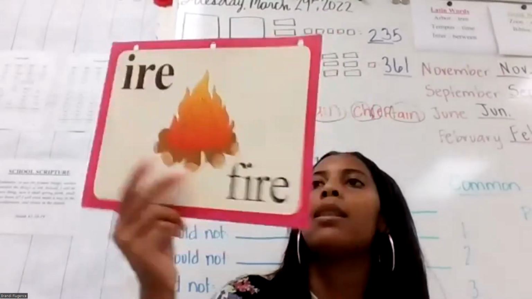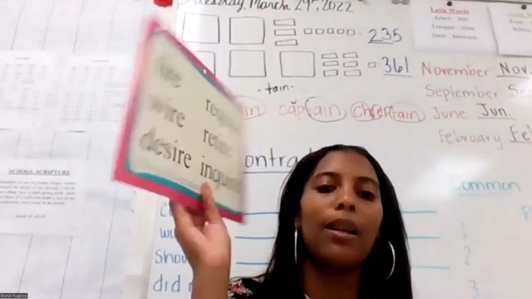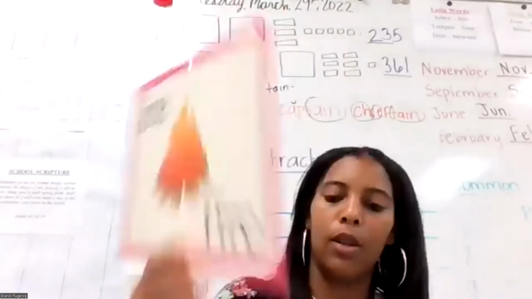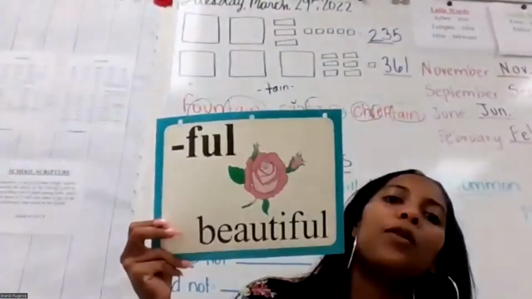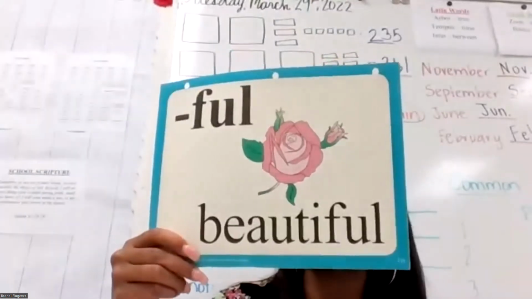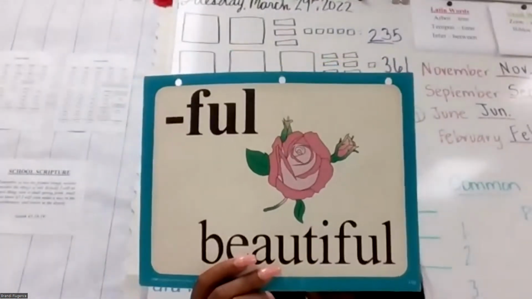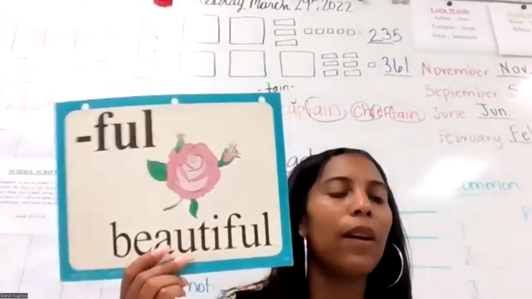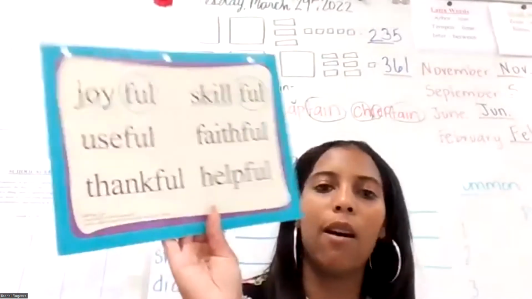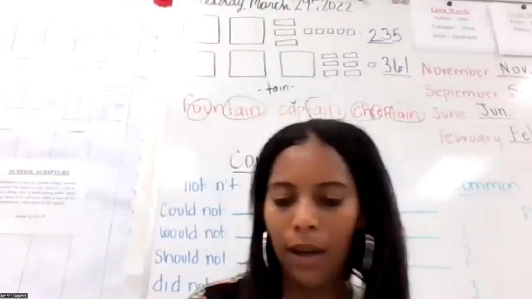Okay, this is what you need to plug something in. Wire. FUL says full like in beautiful. Okay, when someone is always there to give a hand when you need it, they are very faithful.